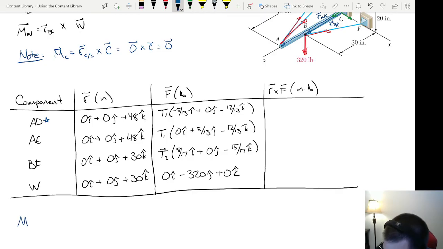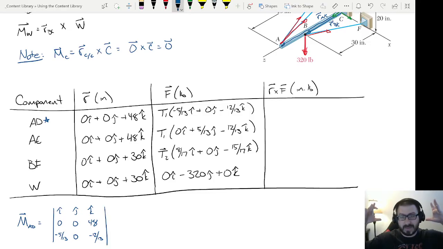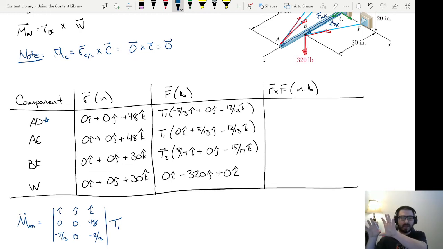If we wanted to compute MAD, we would set up I, J, K, 0, 0, 48. So you can see I'm taking off that first row. And then I want to have negative 5/13, 0, and then minus 12/13. But then don't forget, I'm multiplying by T1. So basically, I'm just taking that T1 and factoring it out, and I'm crossing all of that.